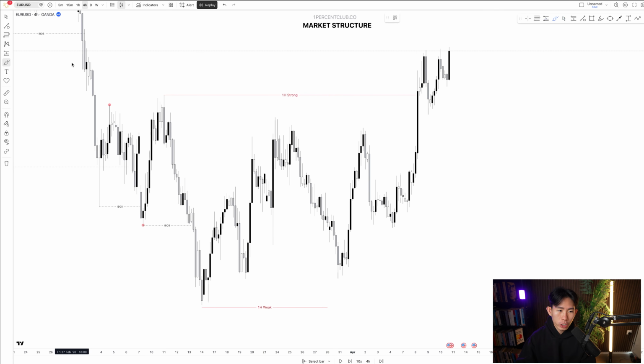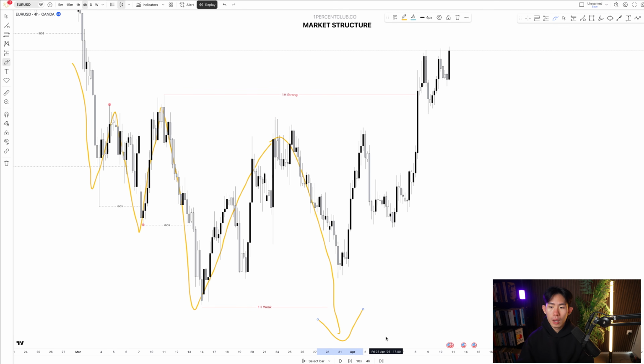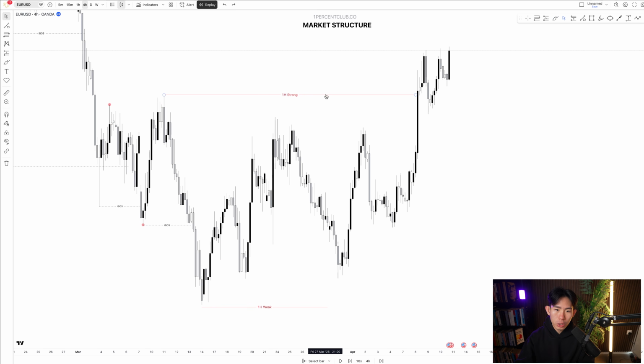If price were to remain bearish, it has to continue going down, coming up, respecting the last lower high, maybe creating a new lower high right here, and then go down and just continue bearish. But in this case, that did not happen, right? What did happen was that price went up there, took out the high, giving us a market shift.